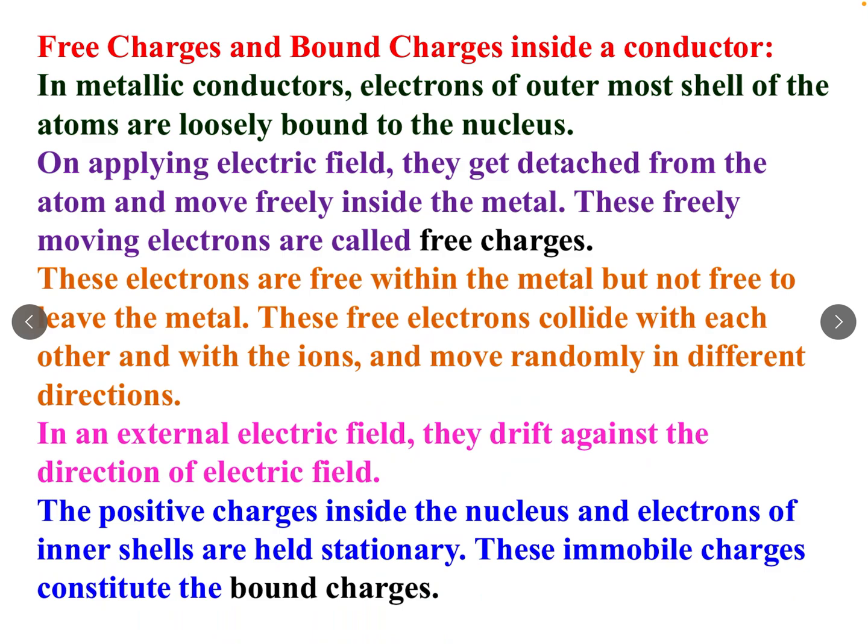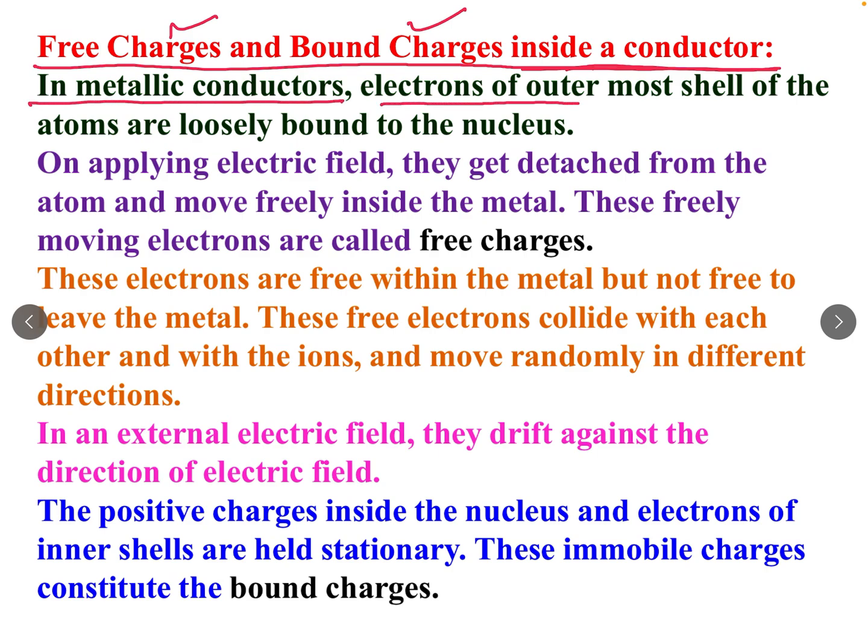Next topic is free charges and bound charges inside a conductor. Inside a conductor, what are the free charges and what are the bound charges? In metallic conductors, electrons of outermost shell of atoms are loosely bound to the nucleus. We know that the electrons which are present in the outermost shell, they are loosely bound.